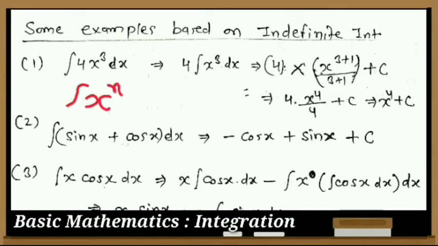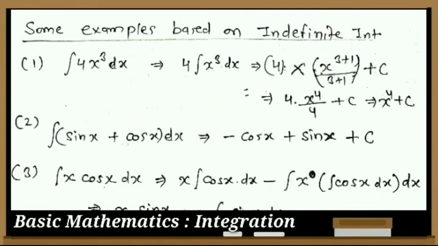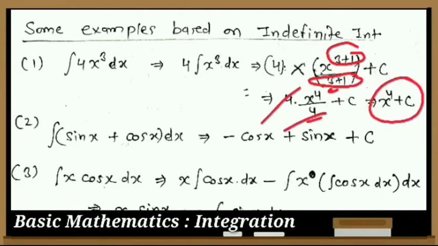To solve this we apply the formula: integration of x raised to the power n is x raised to the power n plus 1 upon n plus 1. Here n is 3, so the integration will be x raised to the power 3 plus 1. So the upper term will be x raised to the power 4 and the lower term will be 4. So now 4 cancels 4 and we get the final answer. We add a constant term here. It's a rule in integration, we always add a constant after integration.